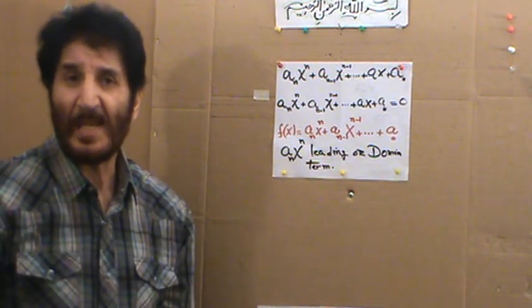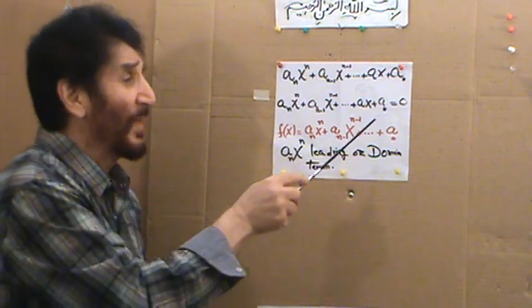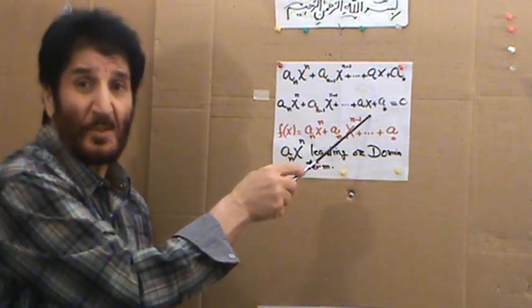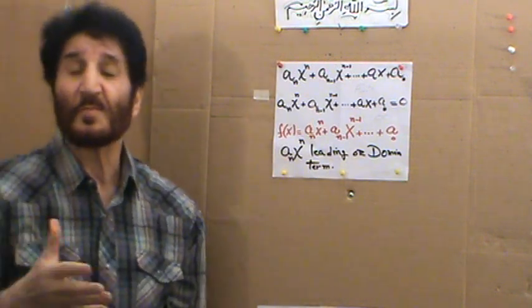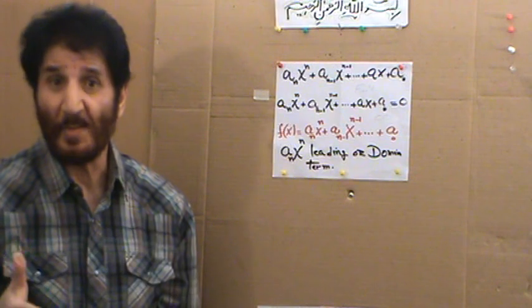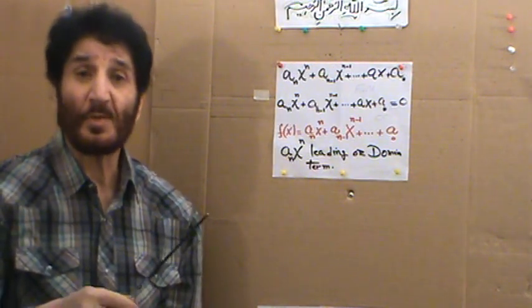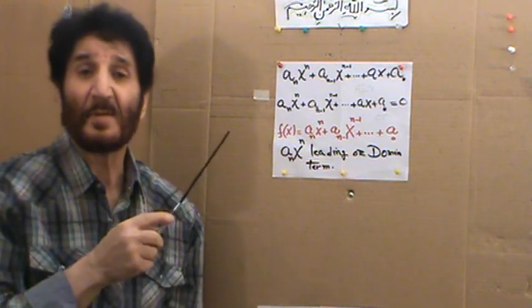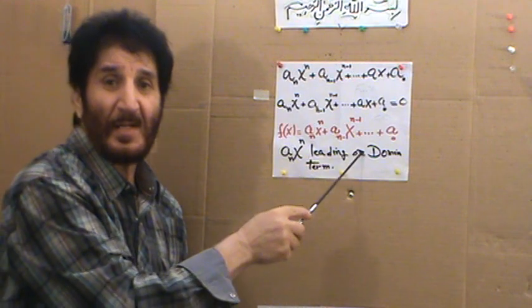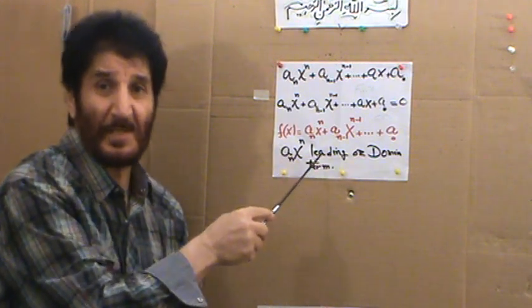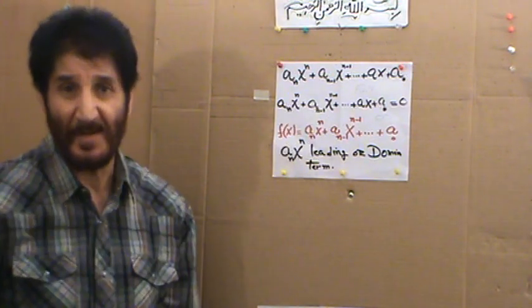Some of them could be the same, in fact, some could be repetitions. Whereas with a polynomial function, when you go to the definition of a function, which means domain and range, and you're talking about ordered pairs, the set of ordered pairs, which is a relation, will be infinite. So the cardinality of the set for the function is infinite. The cardinality of the set of solutions of the equation is finite.